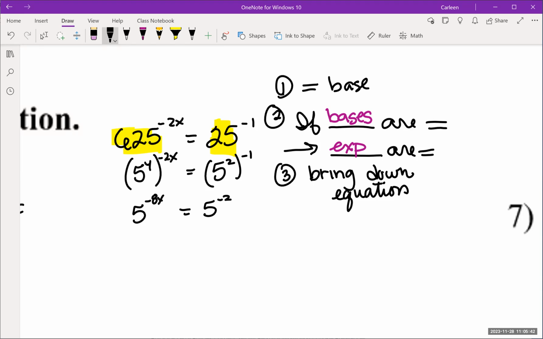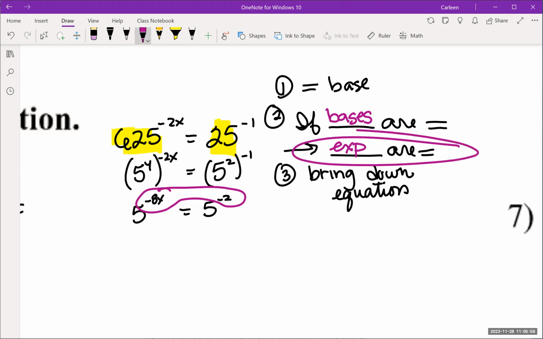Now, time to bring down the equation. Can anyone tell me what the equation is that brings down? If the bases are the same, ding, ding, ding, the 5, poof, it disappears because I can now write an equation with the exponents. Negative 8x is equal to negative 2.